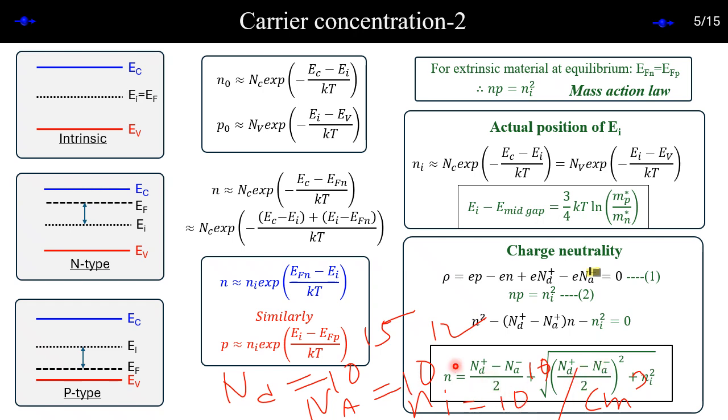So altogether approximately 10 raised to 15, which is what we intuitively understood before. So this equation makes sense. Any questions?